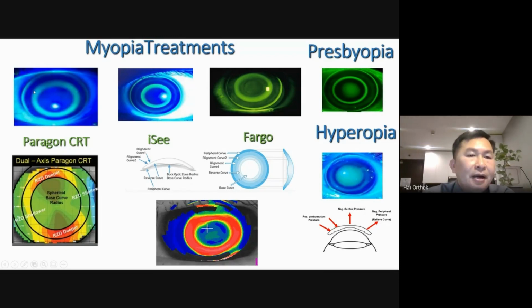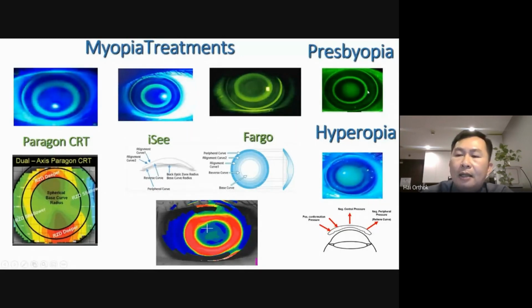You can see Paragon CRT here with a very good and nice return zone depth and a very nice base curve, very thin alignment curve, and a good landing zone angle. So because of the different designs, Paragon CRT is a great design for low myopia, IC is a great design for high myopia treatment, and Firewall is the design that you can use between them.